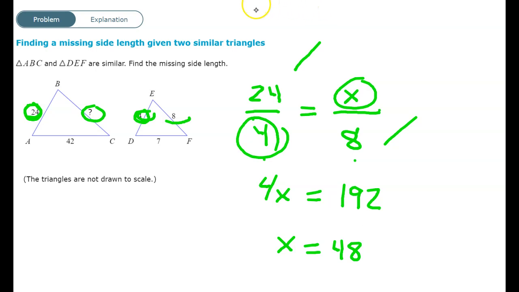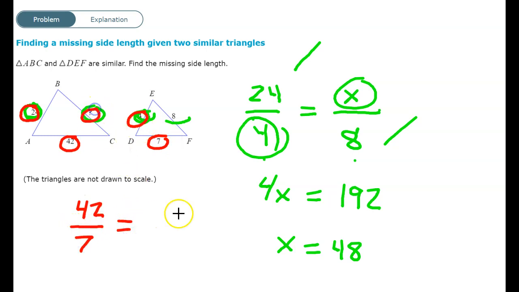Now, I do want you guys to realize that I didn't have to pick this 24 and this 4 here. I could have said, all right, 42 over 7 is equal to the question mark over 4. So x over 4, I can set it up that way.